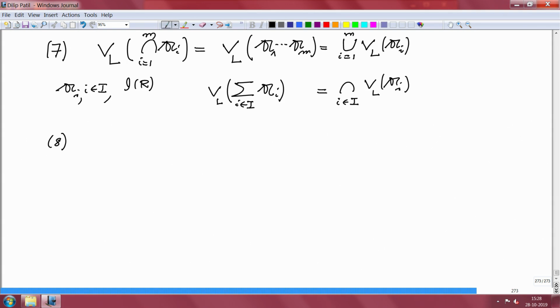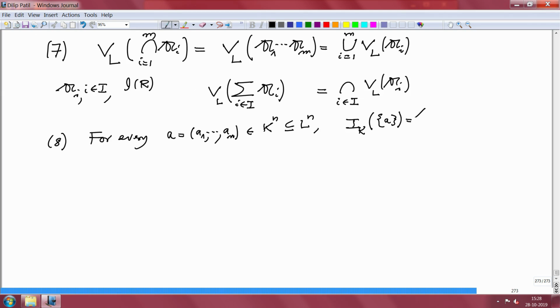If I have any point a = (a1, ..., an) in K^n, which is also a subset of L^n, then we can talk about I_K of the singleton set, I_K of {a}. This is precisely the ideal generated by x1 - a1, ..., xn - an.